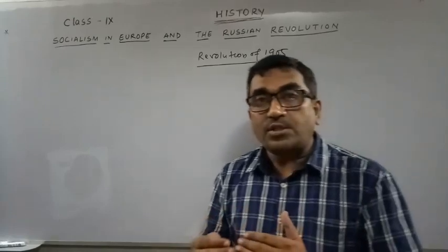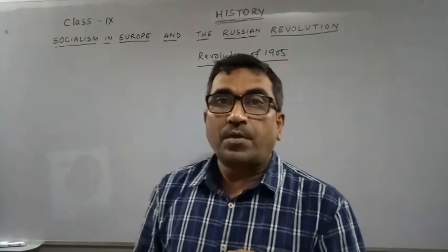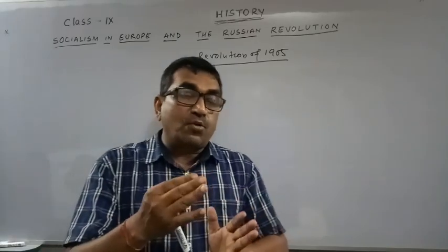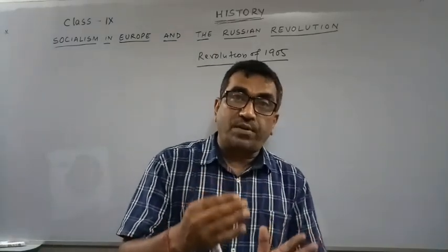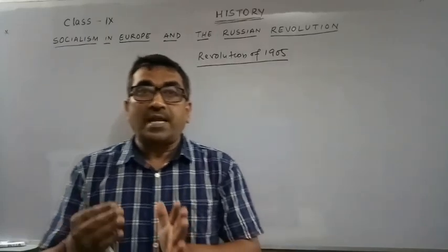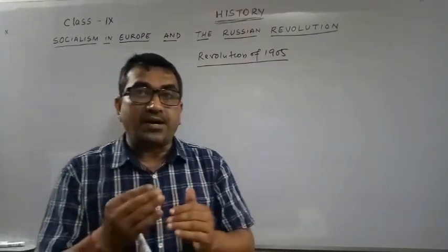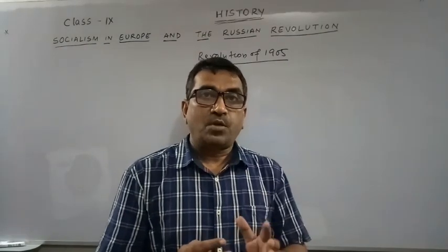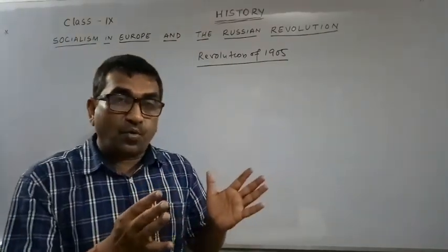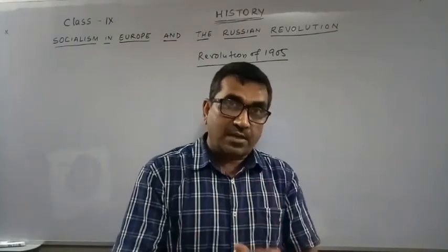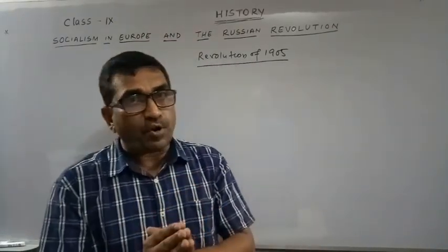So these laborers were wandering for work, as industrialization of Russia had not taken place as fast as we see after 1890. So these were the labor force which were not very happy with the king's policies.